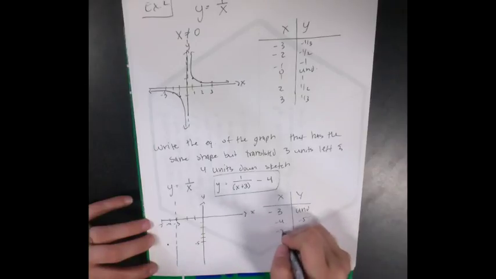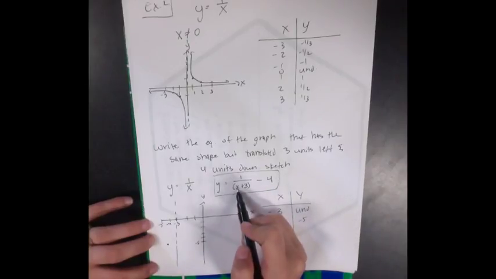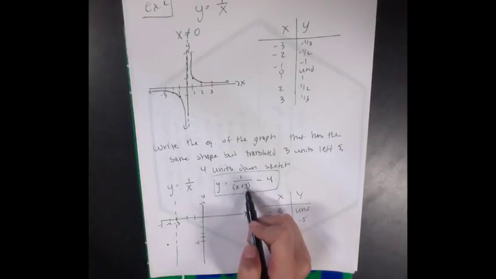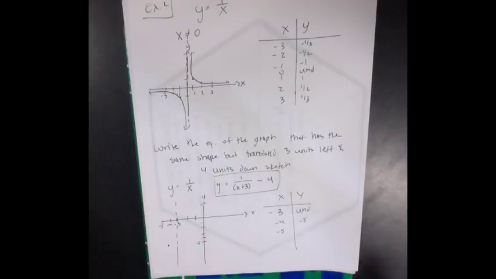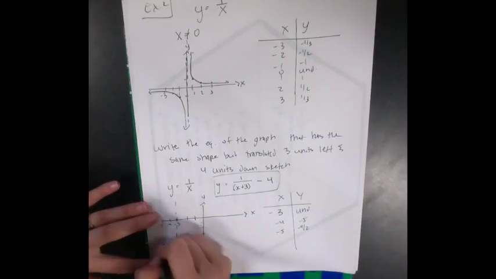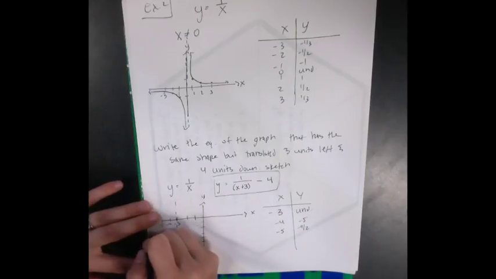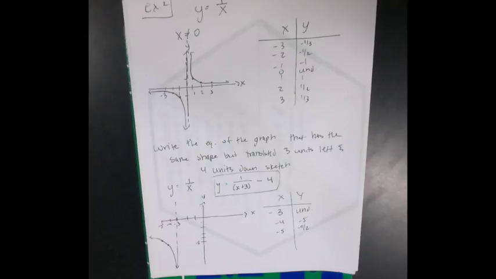If we plugged in -5 into the equation, -5 plus 3 gives me -2, so we have -1/2 minus 4, which gives you -4.5 or -9/2. You could also have gotten that from here. So -5, -4.5 is here, and our graph is going to look like this. Same graph, just shifted down.